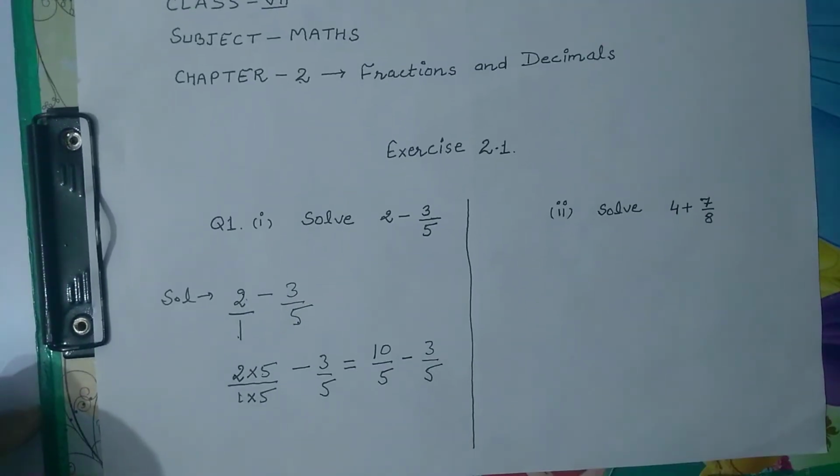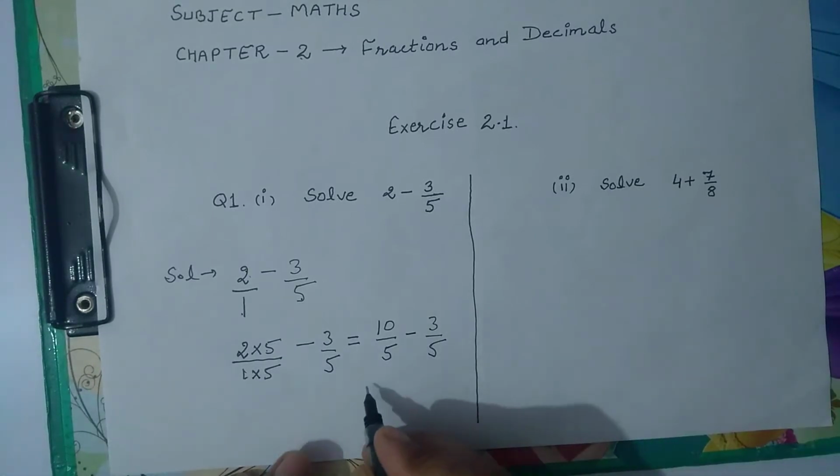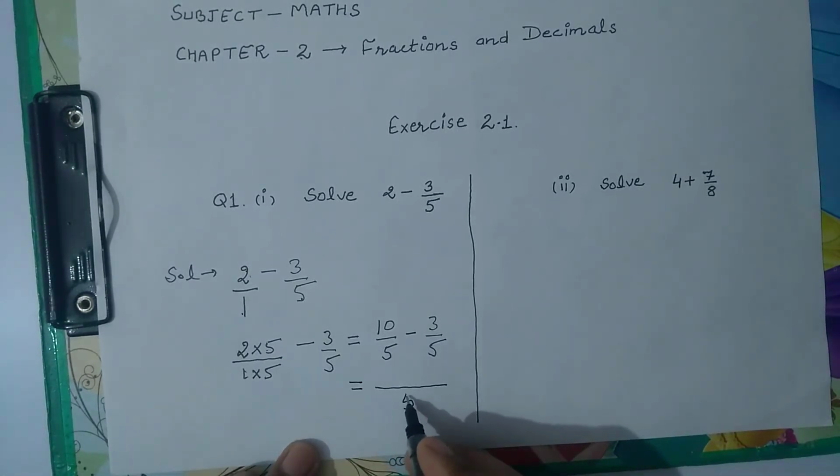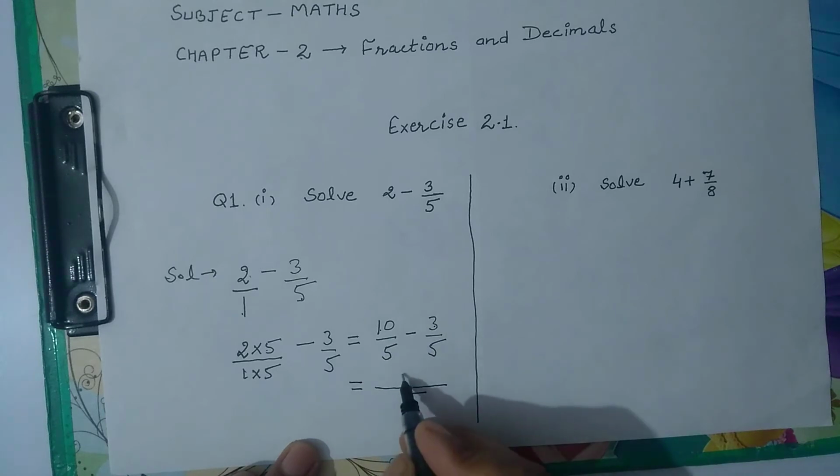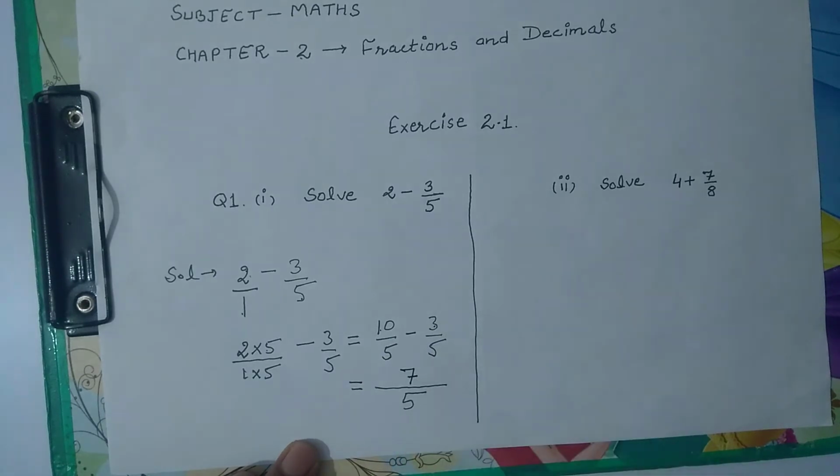Okay, so now we can write 5 in the denominator only one time. So this becomes 10 minus 3 is equal to 7. So answer is 7 upon 5.